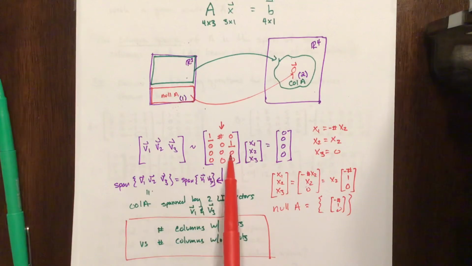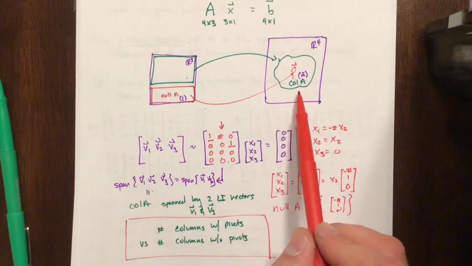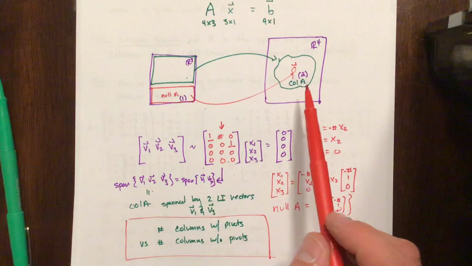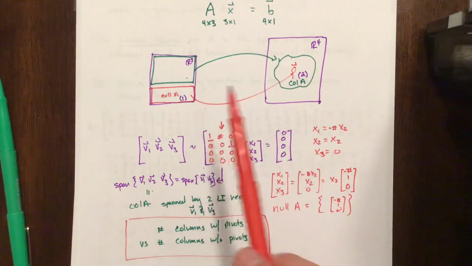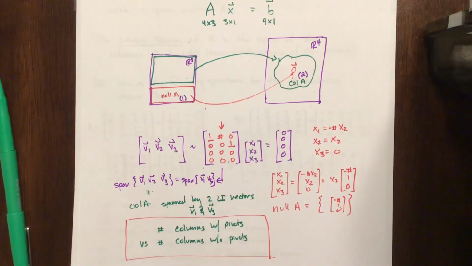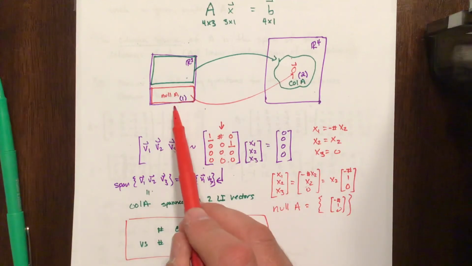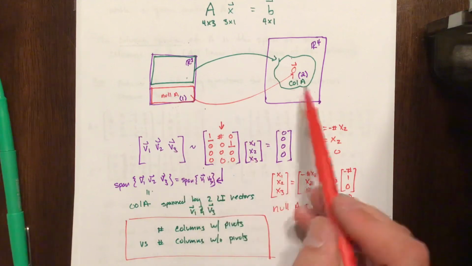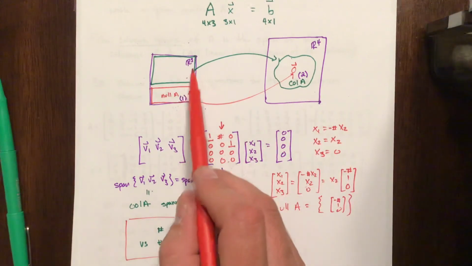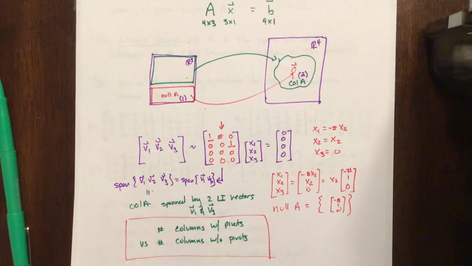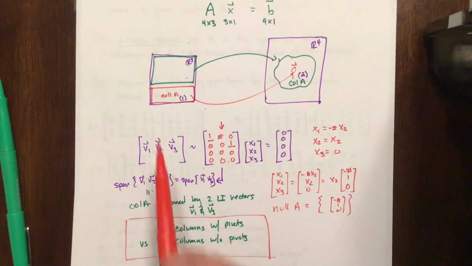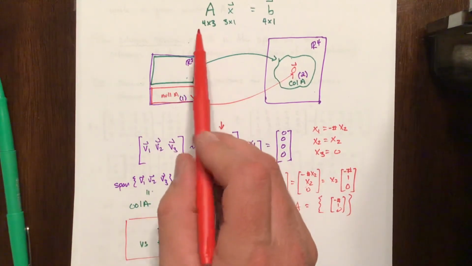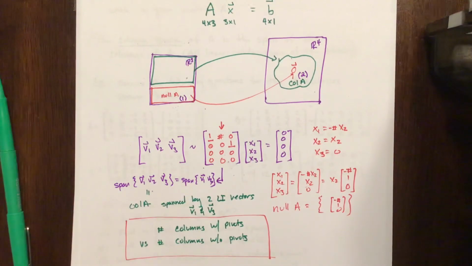There's 2 pivots that correspond to a 2-dimensional column space of A. And what do we notice about the dimension of null A and the dimension of column A? Well, 1 and 2, that is the same as the dimension of R3. Think of it as kind of like the domain. It's the set of all vectors that are being multiplied by the matrix A.